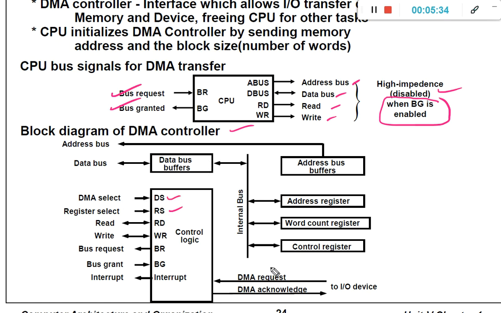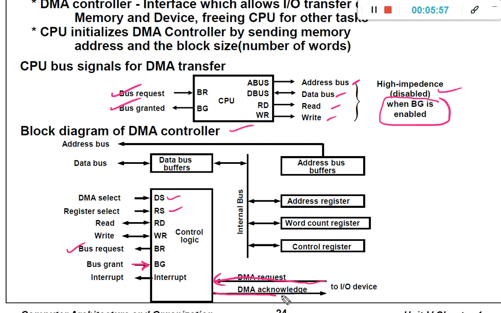After that, the I/O device sends a request to the CPU, known as the bus request, and if the CPU is willing to relinquish control, it sends the acknowledgement to the I/O device through the bus grant.